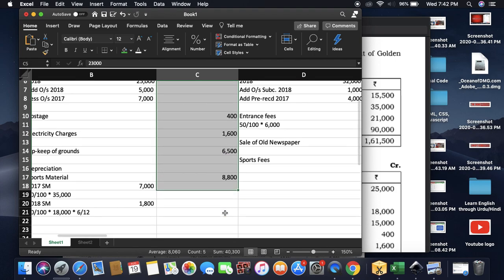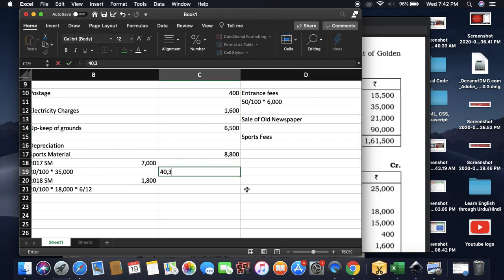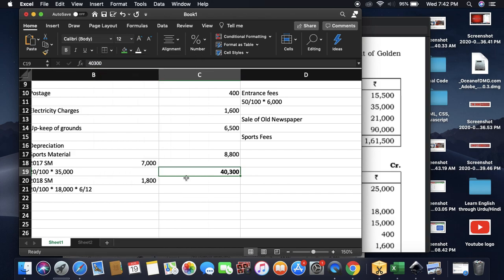This side it is 40,300. So this side is less. I'll go and mention over here 40,300. So let me bold it. So this is the total. We can just take it from here and probably put it here, so we know.